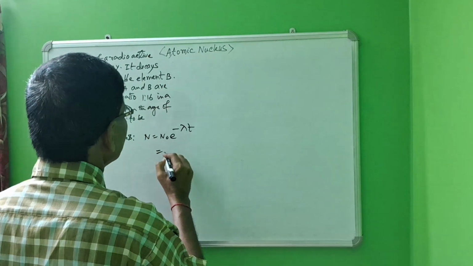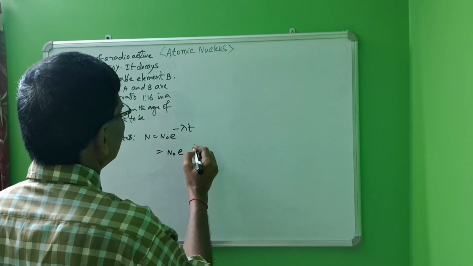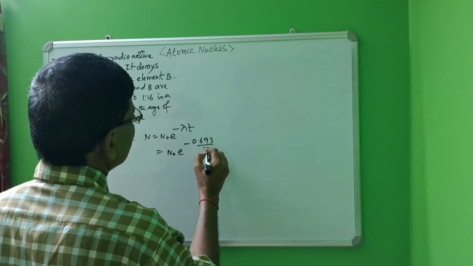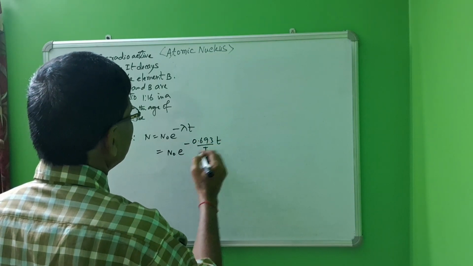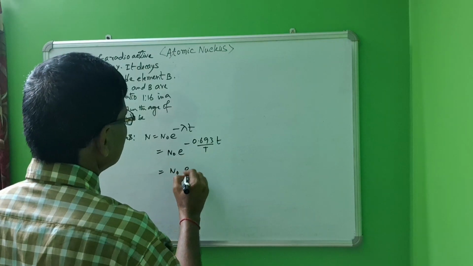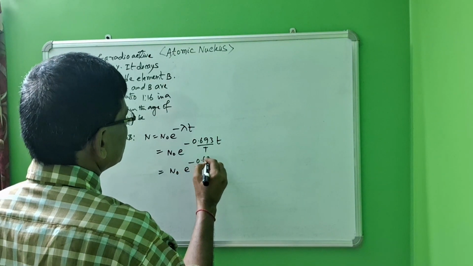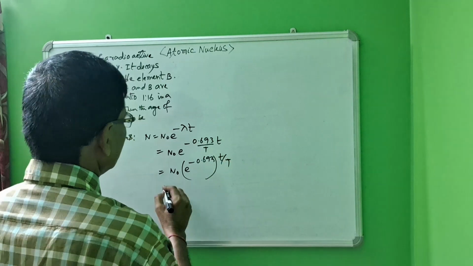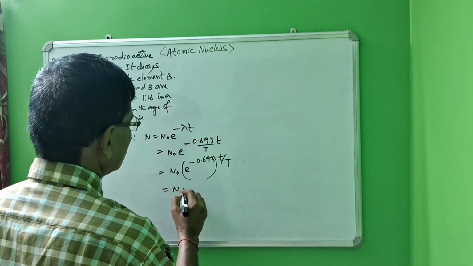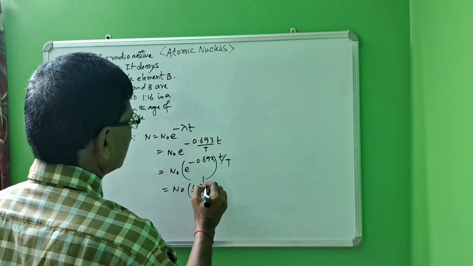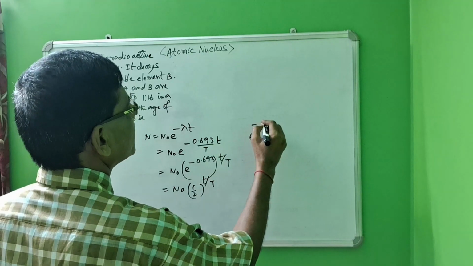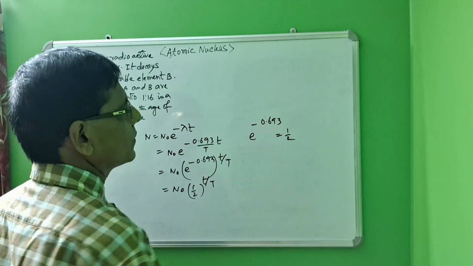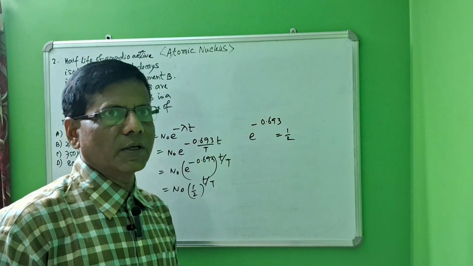So this can be written as N0 into e to the power minus 0.693 divided by T into t, which equals e to the power minus 0.693 whole to the power t by T, which equals half to the power t by T. We know e to the power minus 0.693 equals half. You can get it by calculator.